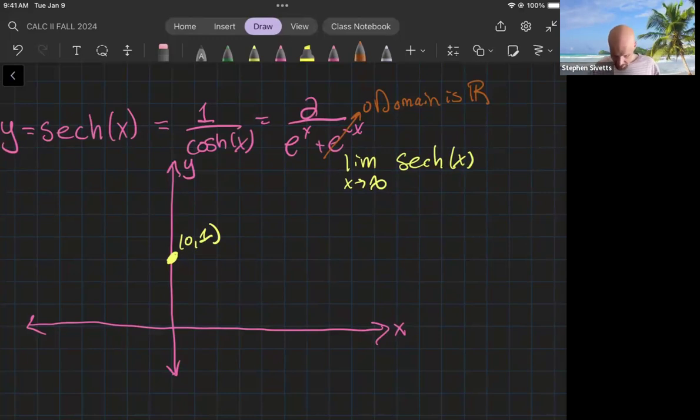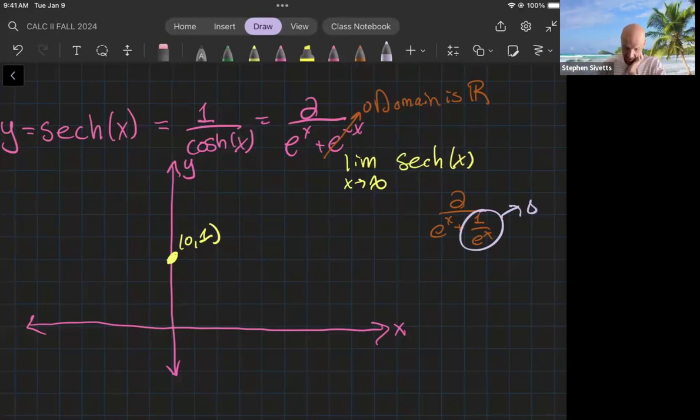Since we can rewrite this as 2 over e to the x plus 1 over e to the x, and since this term goes to 0, 2 over e to the x will be a much smaller number. So this would approach 0. All in all, the limit as x approaches infinity of hyperbolic secant would be 0.